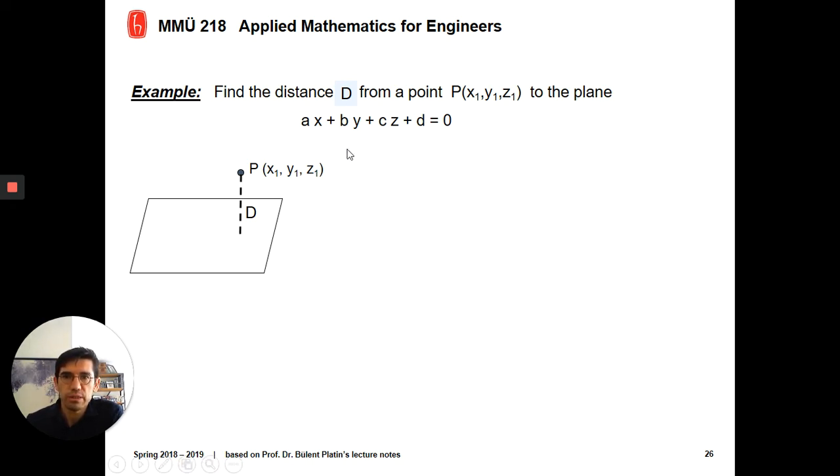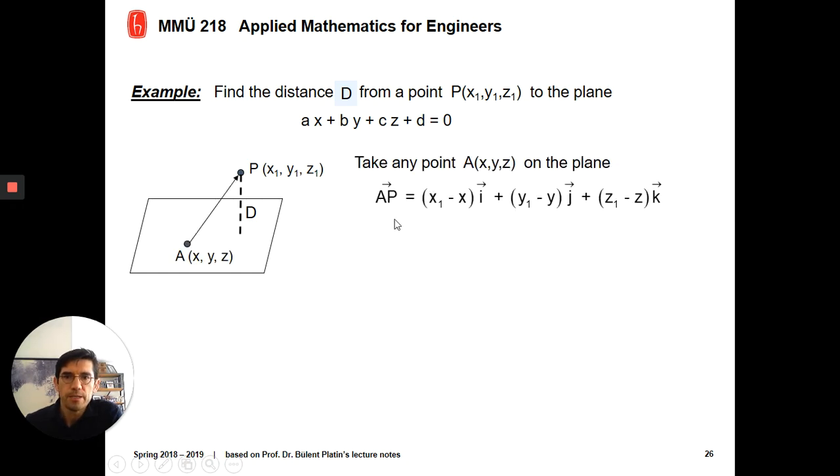I know the plane equation, let's say, and any point on that plane can be represented by the difference vector AP. AP difference vector means P minus A position vectors, okay?